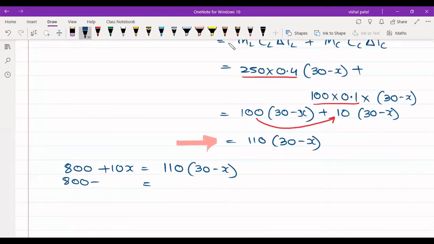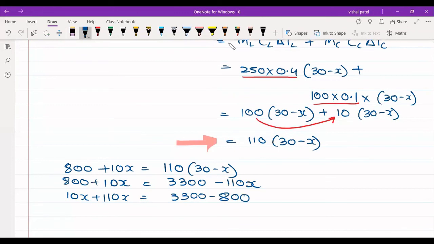So 800 plus 10x equals 3300 minus 110x. So 10x plus 110x equals 3300 minus 800, that is 2500, and this is 120x.